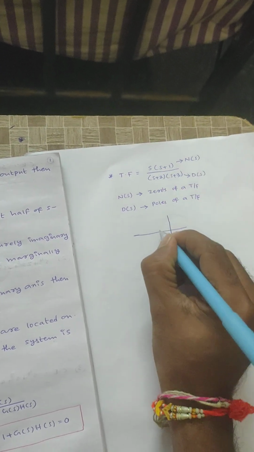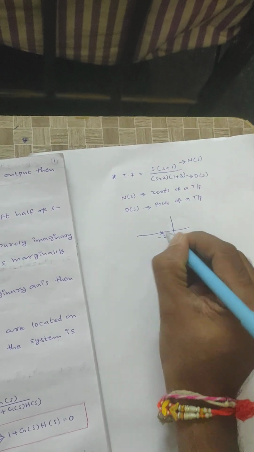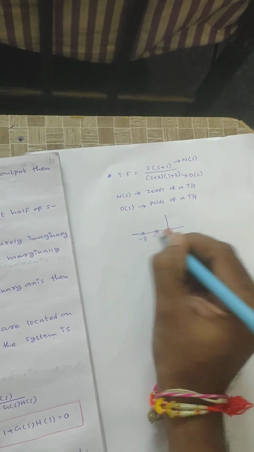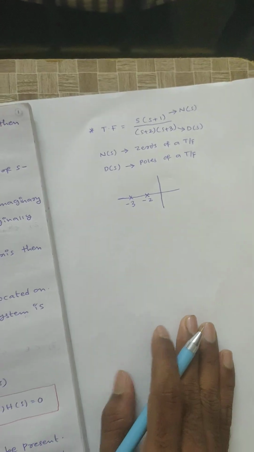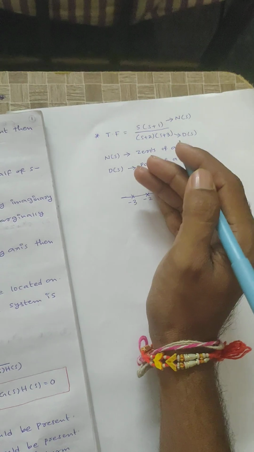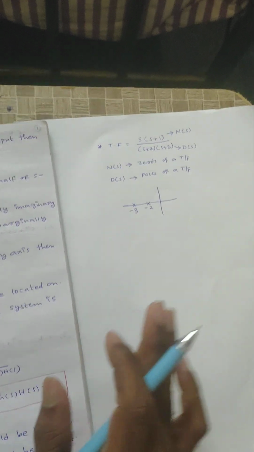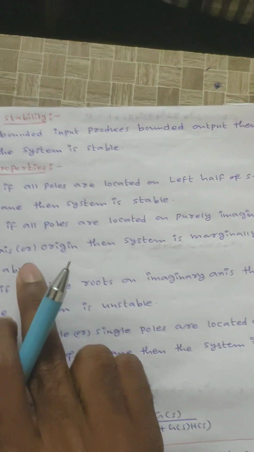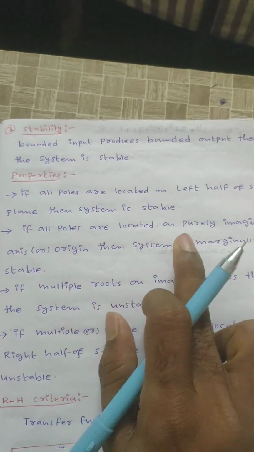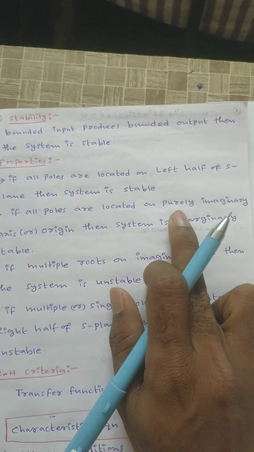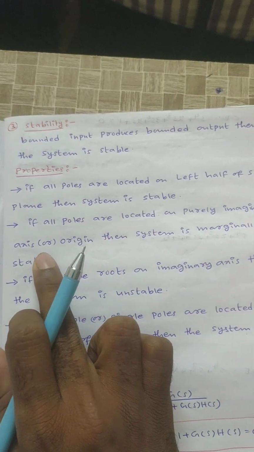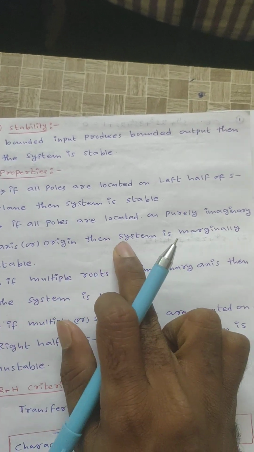That is S equals minus 2 is one pole, S equals minus 3 is another pole. That means all poles should be located on the left half of the S plane, then only the given system is stable.